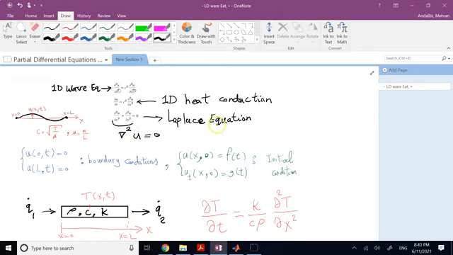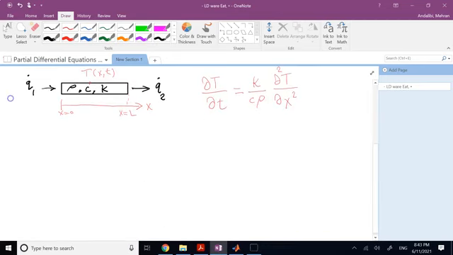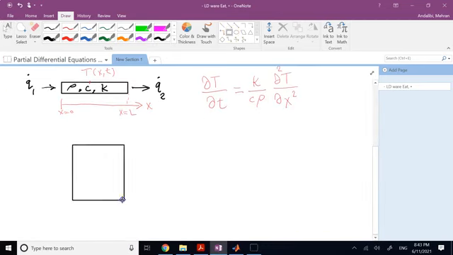So as I said, for example, for temperature, you can show that if you have a 2D media, a 2D plate or something, and let's say you call this axis x starting from here, and this axis starting from the bottom left corner, the origin, y, then at each point x and y, you can have temperature T, which is a function of x and y.